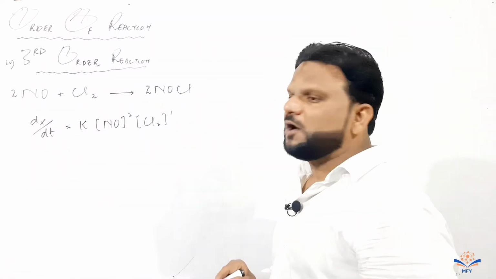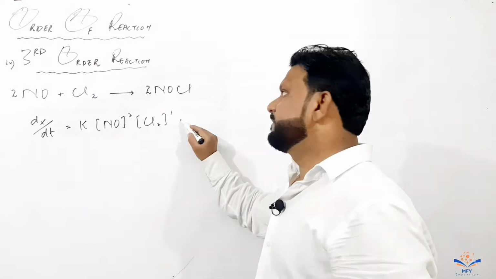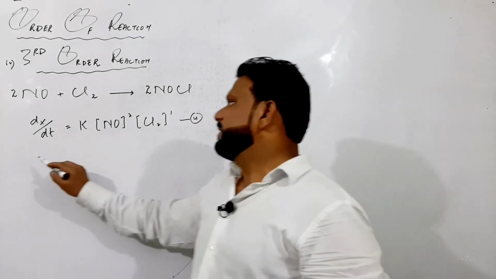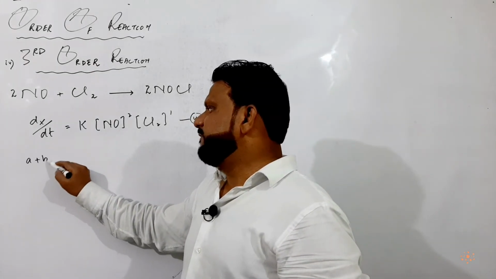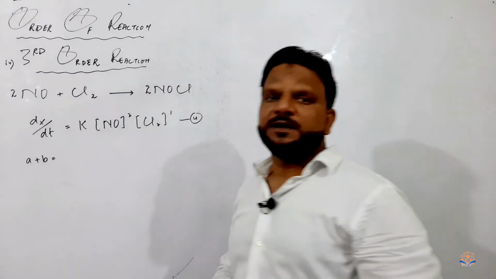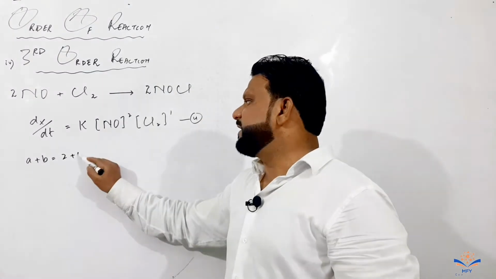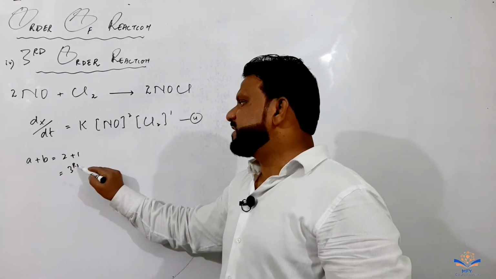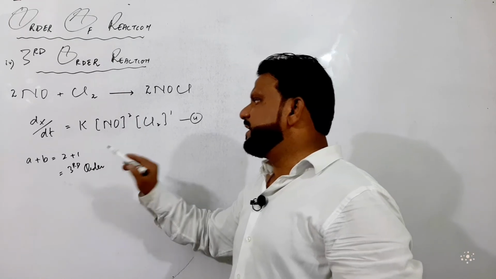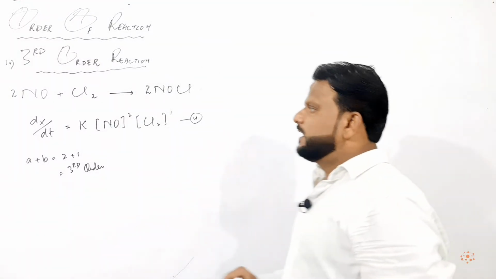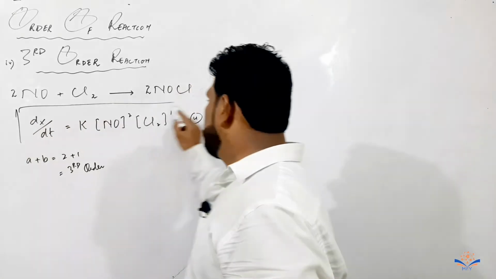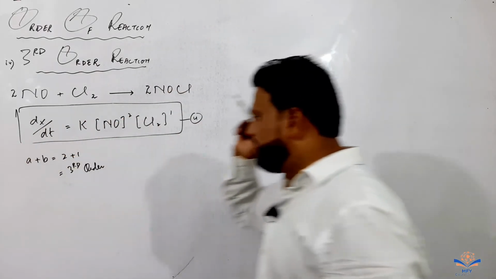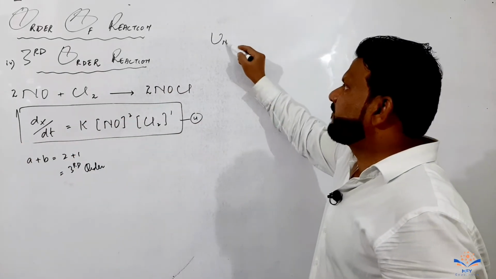According to the definition of order of reaction, equation 4, the summation of exponents of reactants becomes 2 plus 1. It means that this reaction is third order in nature, and by using the rate expression we can easily find out the unit of K.